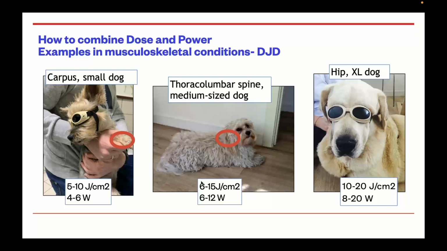For thoracolumbar spondylosis in a medium-sized dog, the average dose would be around 10 joules per square centimeter, although some patients will respond with lower figures, and we would use at least 6 watts of power if possible. And for the hip of a large or very large dog, the minimum dose for chronic pain would be 10 joules per square centimeter, often 15 or even more, and we would be using all power available.